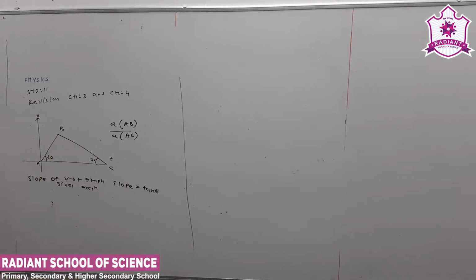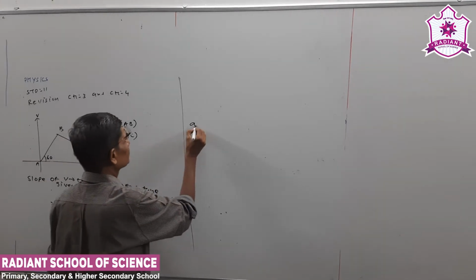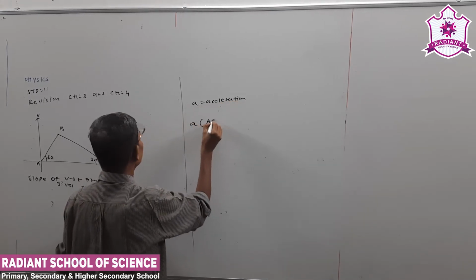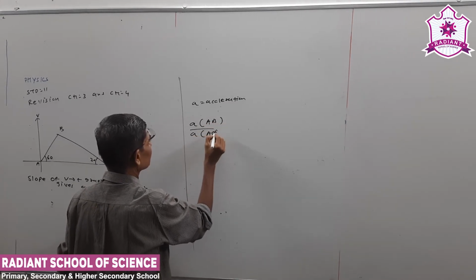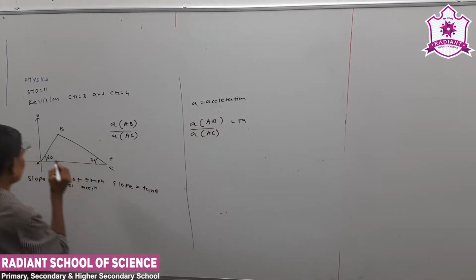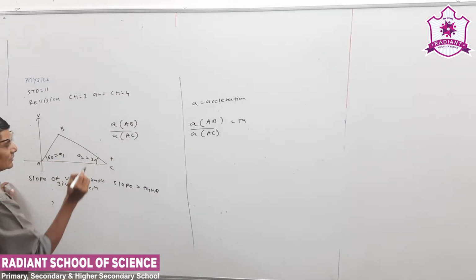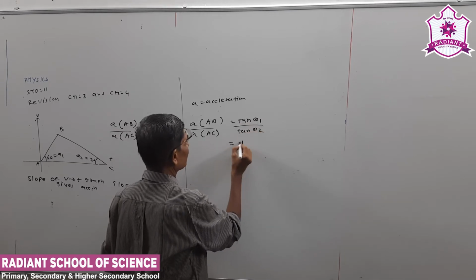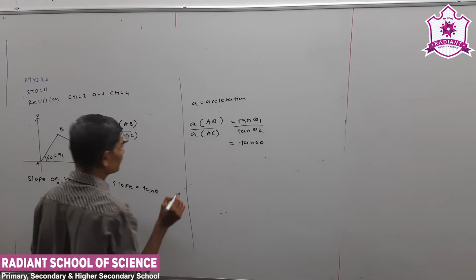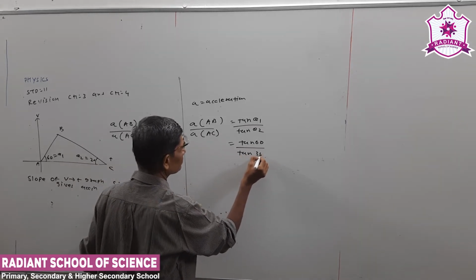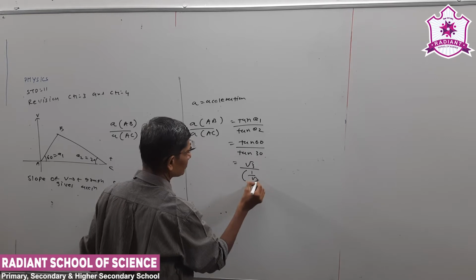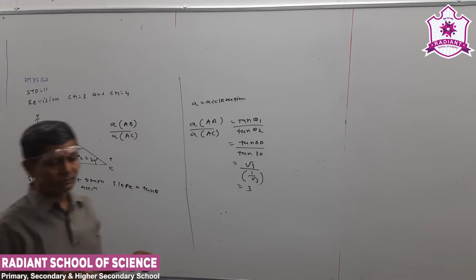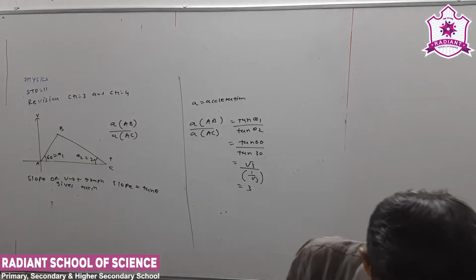So the ratio of the acceleration in the AB and AC part will be tan theta 1 upon tan theta 2. Let us say this is our theta 1. Okay, so this is how we can find out the ratio of the acceleration in the AB and AC part.